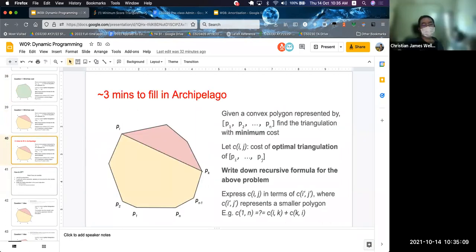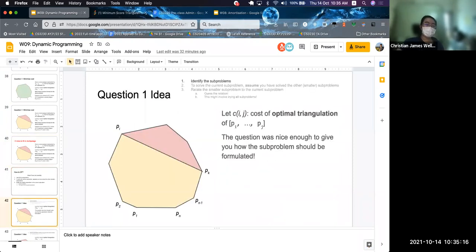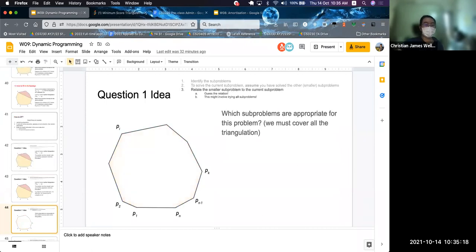I guess the tutorial slides given were perhaps the misleading part. Usually we try to guide you, but the way we tried to guide you made it confusing. Usually when we give a DP problem, they will just give you the polygon and say, try to minimize the cost. So you have to think about the subproblems yourself.